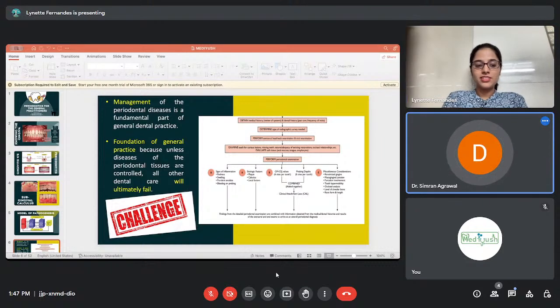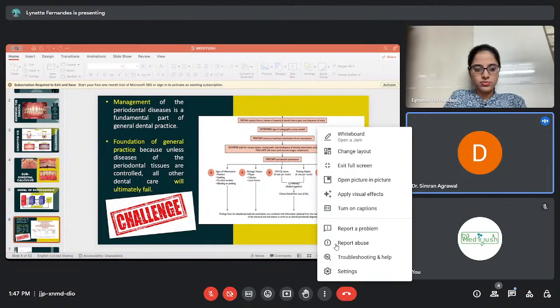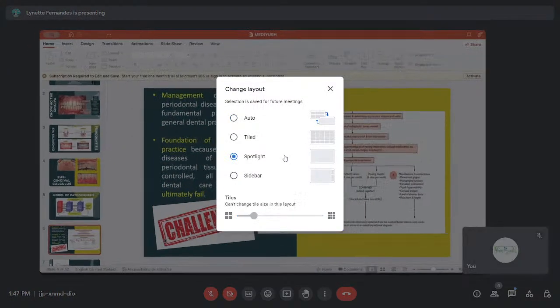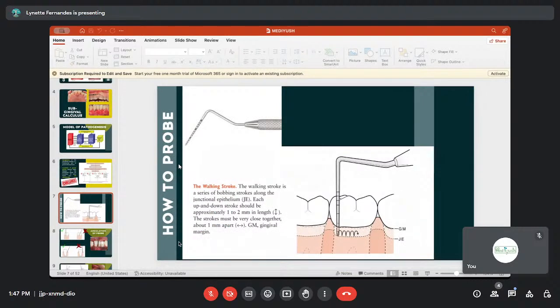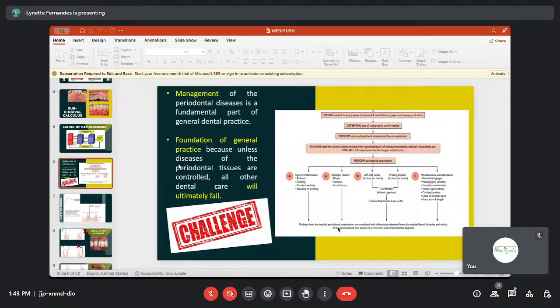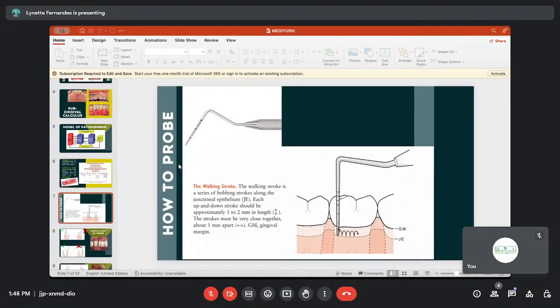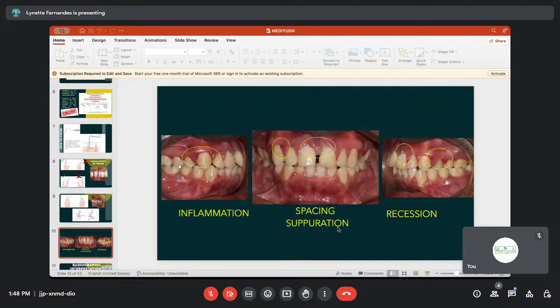Ma'am, the presentation is still not moving. Why is it happening? You can change it manually. I'm changing it manually, but we are still on slide 6. It's gone ahead now? No. Yeah, right now we are at 8. Now? Changing? Still at slide 8. I think there's some lag, I guess. 8, 9, 10.